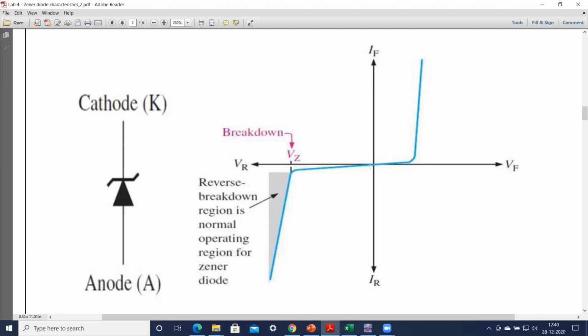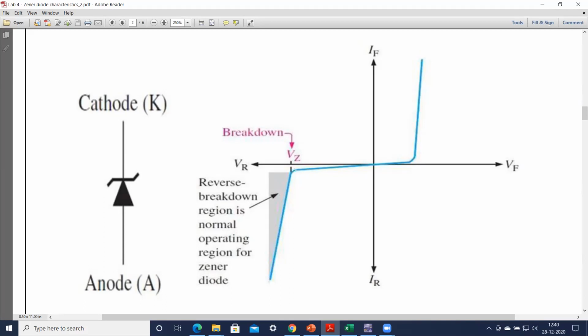As you can see from this picture, up to a certain voltage, when we apply the voltage in the reverse bias direction, the current flowing through the Zener diode is very small. That certain voltage is called the reverse breakdown voltage of our Zener diode.